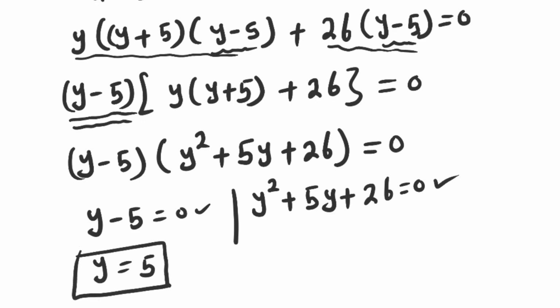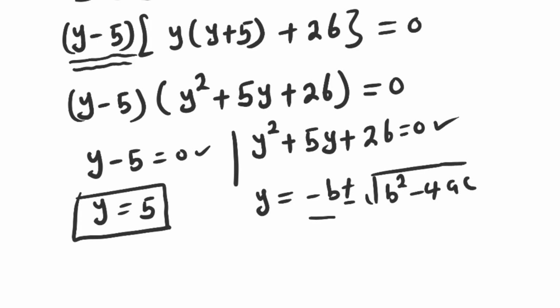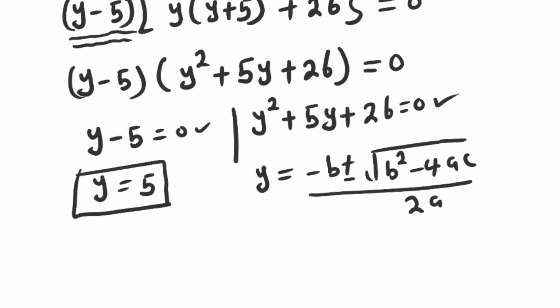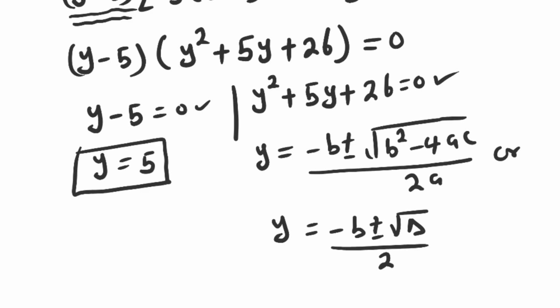And from here, this is a quadratic equation which can be solved using the quadratic general formula. We have y is equal to minus b plus or minus square root of b square minus 4ac over 2a, or y is equal to minus b plus or minus square root of discriminant d over 2a.